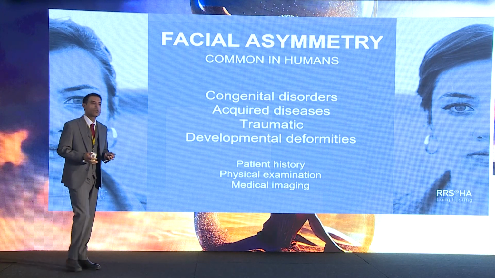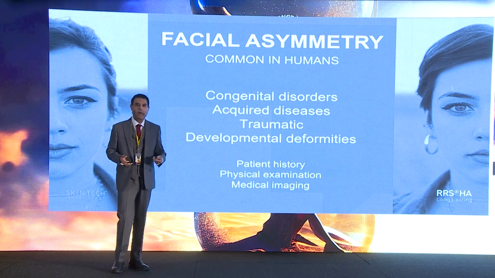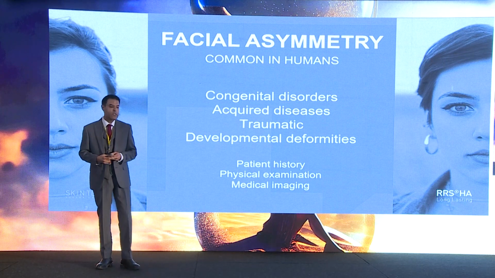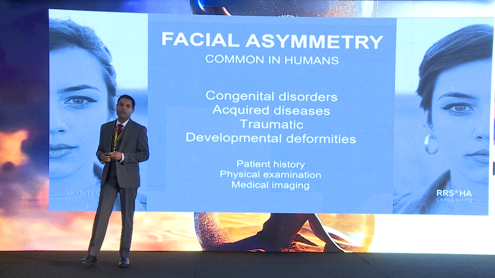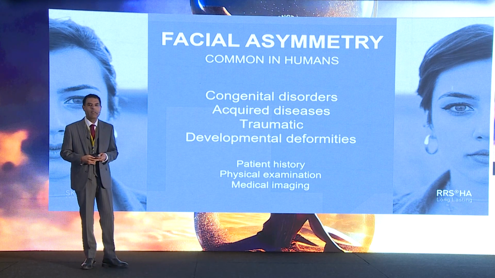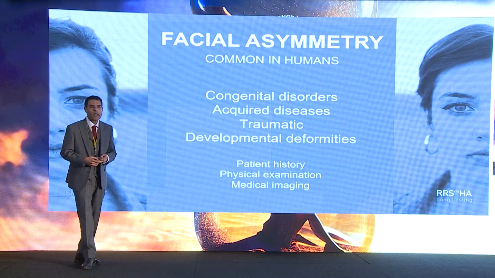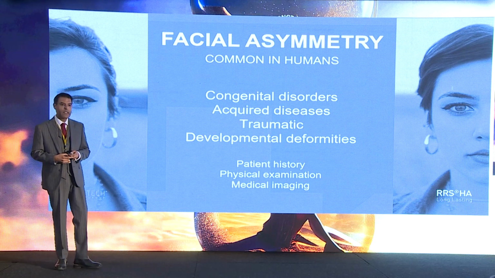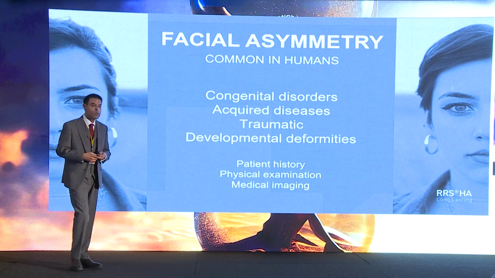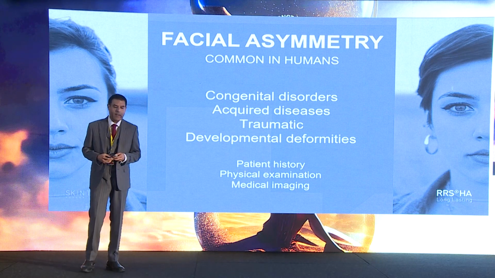So when it comes to seeing our patients and having consultations, it's extremely important to be able to determine a very thorough patient history. We need to carry out a very thorough physical examination, and where available, we need to have medical imaging.